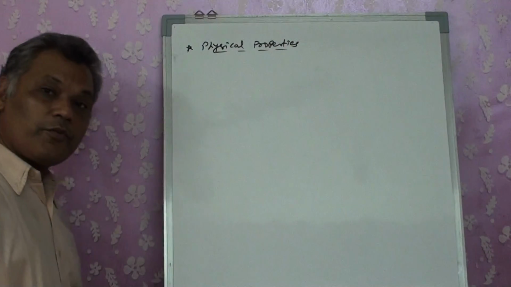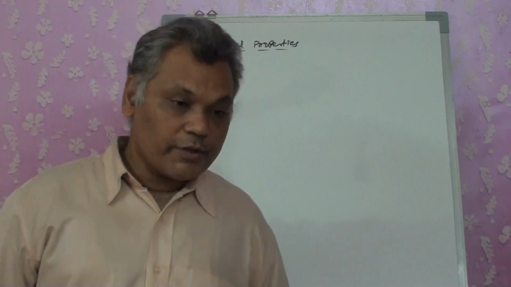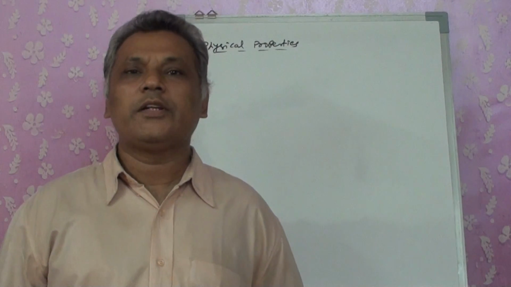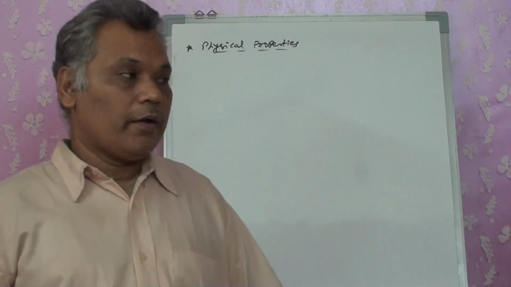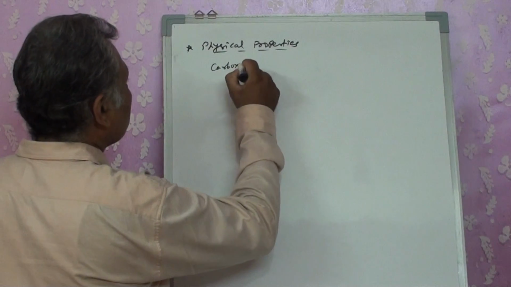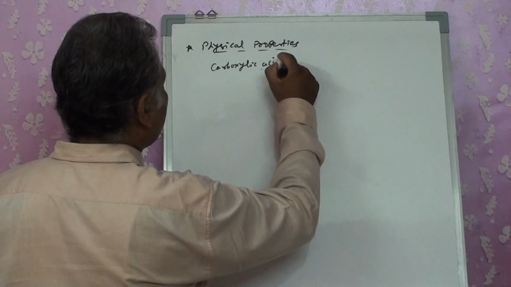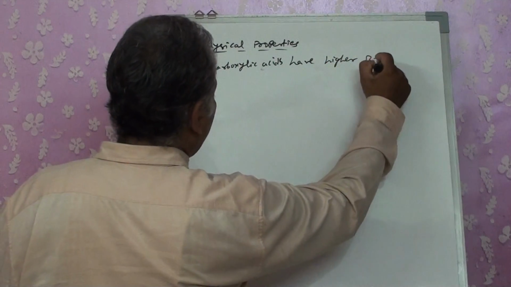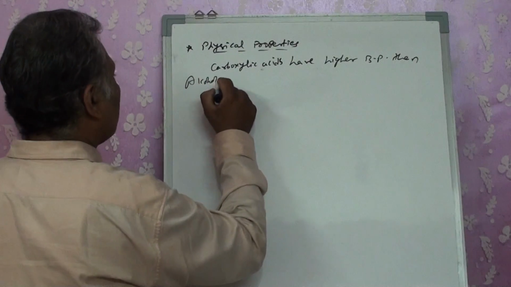Now, when we are talking about the physical properties of the carboxylic acid, what we want to find out is based on two main things. One is solubility and one is related to its melting point and boiling point. Now, carboxylic acids have higher boiling point than alcohols.